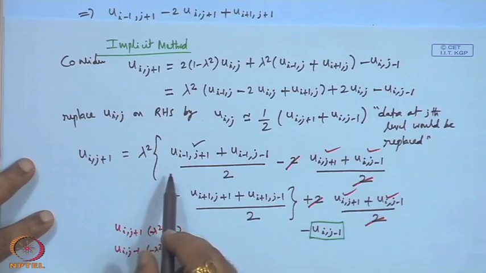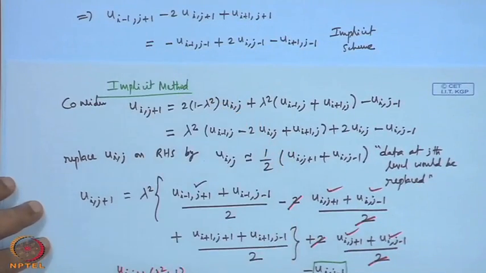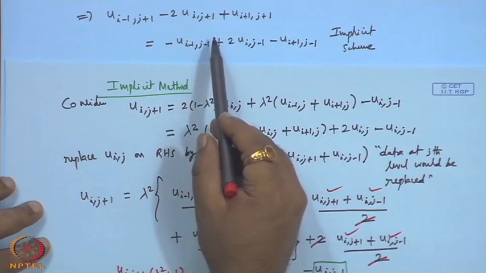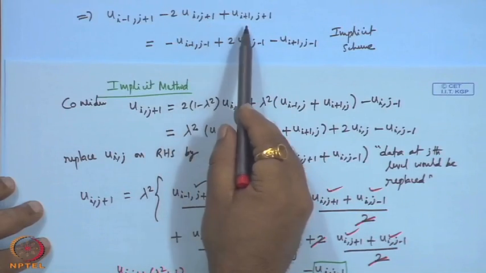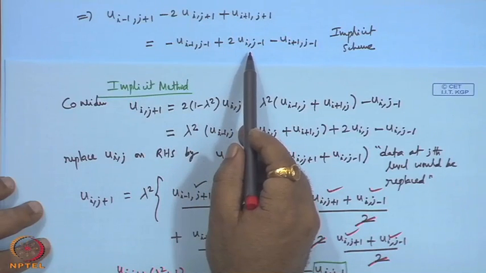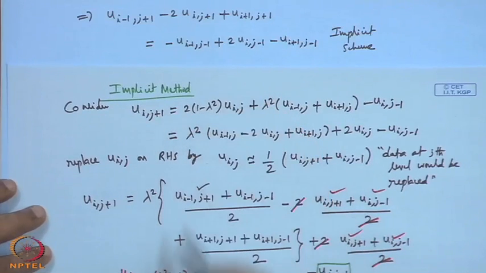Then u i minus 1. Okay. So, u i j plus 1, u i j minus 1 here. Okay. I will come back to you on the lambda. Then similarly, we have other terms. So, these 4 terms are taken care of.